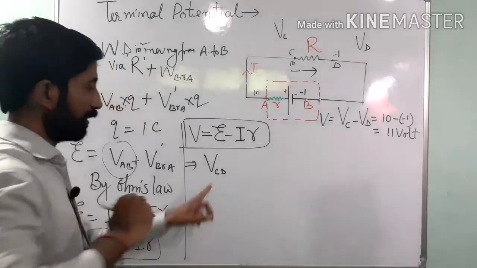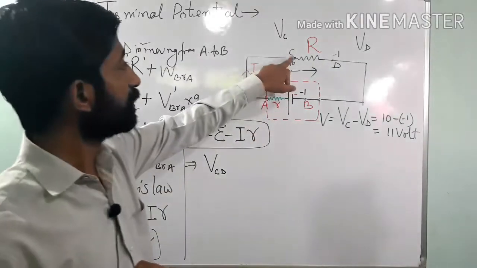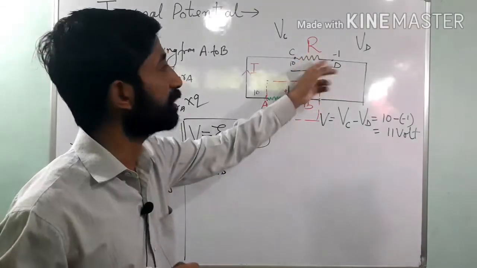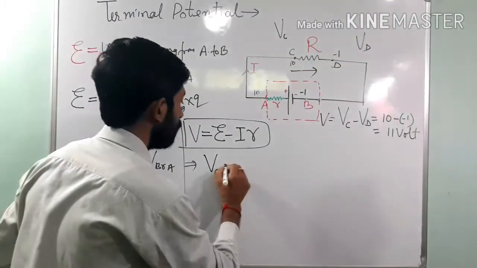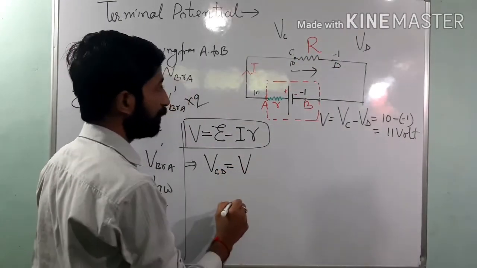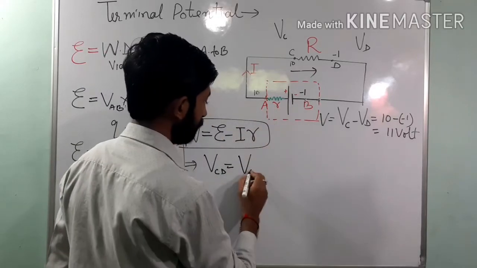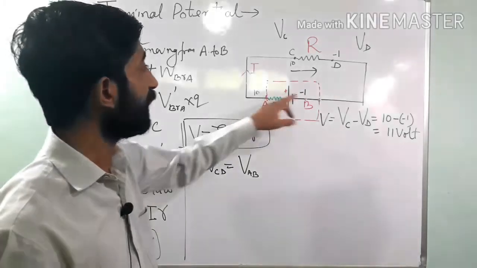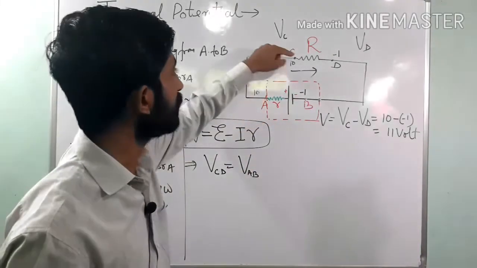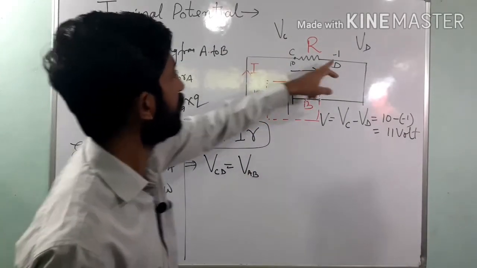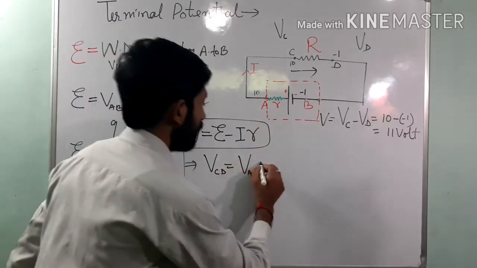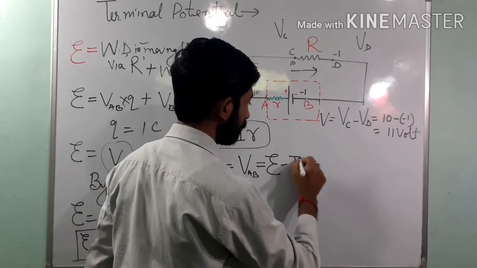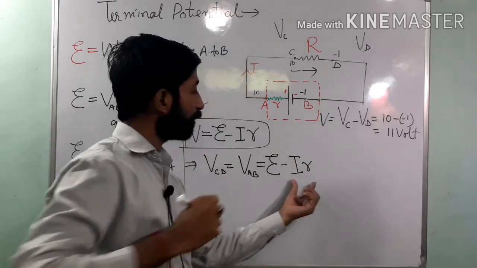So for better understandability, we can write V_CD. CD means potential difference across C and D, a potential difference between the points of the resistor, is equal to V between A and B. That is the potential difference between A and B, because both the points are the same. C is connected to A and D is connected to B, and that is equal to EMF of the cell minus Ir. And what is this Ir?